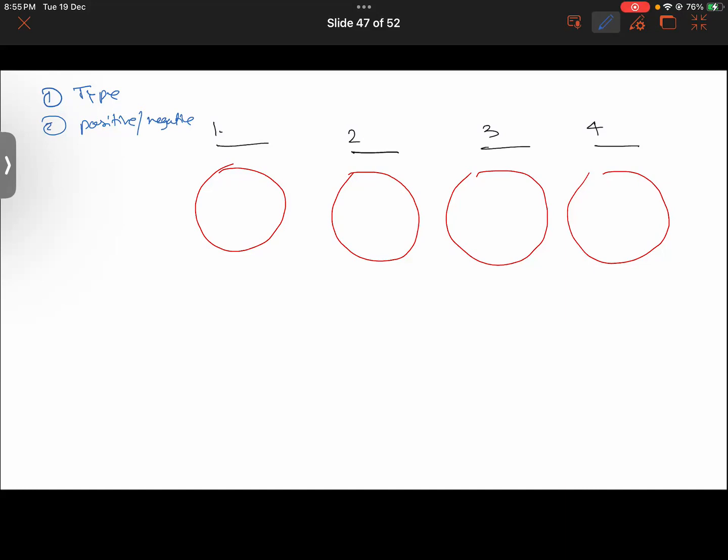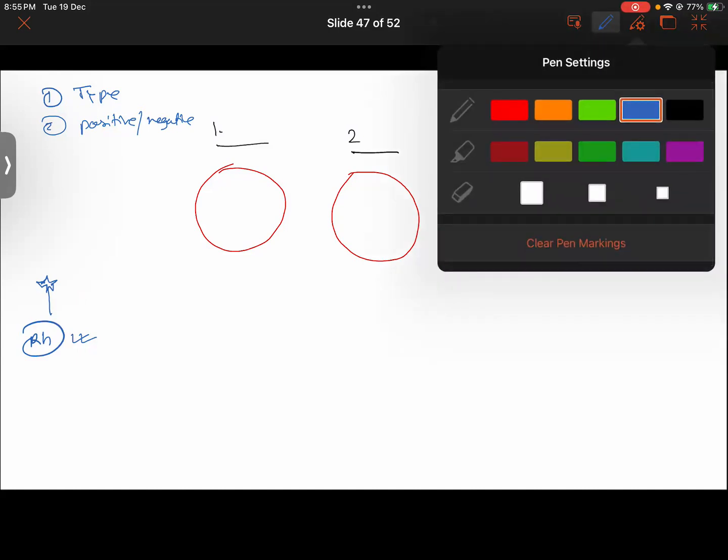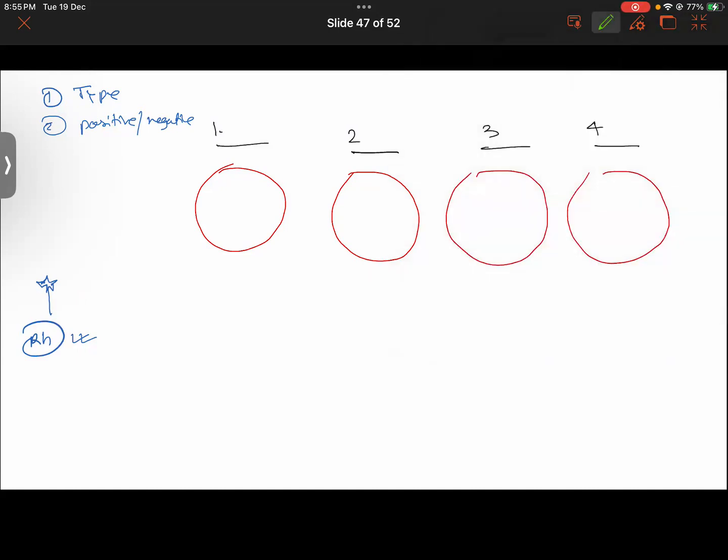In the following group, when I write this symbol, it means that RH factor is present. For those where I do not write it, it means it is absent. Let me write some sign conventions here. Where I use this symbol, it will indicate that A type antigen is found.